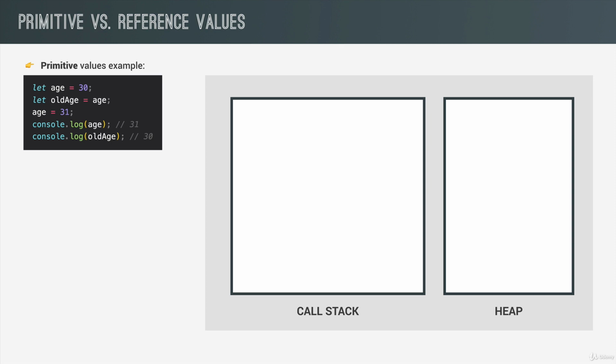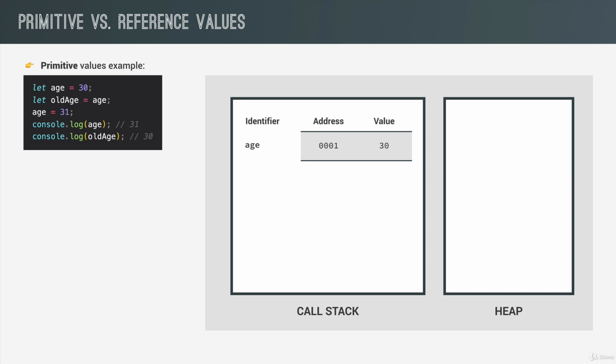Well, first, JavaScript will create a so-called unique identifier with the variable name. Then a piece of memory will be allocated with a certain address, so 0001 in this example, and finally the value will be stored in memory at the specified address.